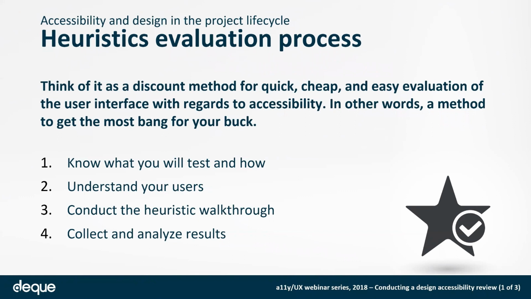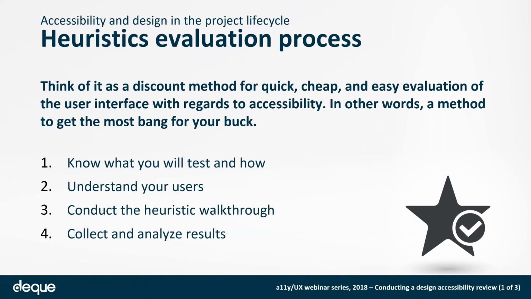And that to us has evolved into a different set of heuristics for accessibility. But basically, the idea is that you have a certain number of designers who are going to conduct an evaluation of a particular product according to a set of general rules of thumb, the heuristics themselves.